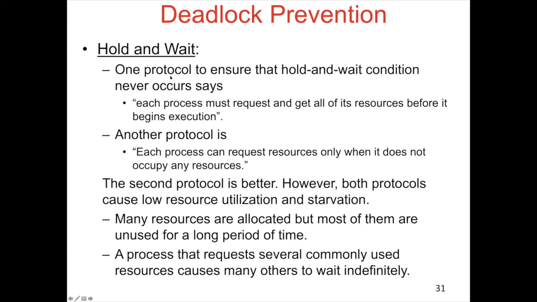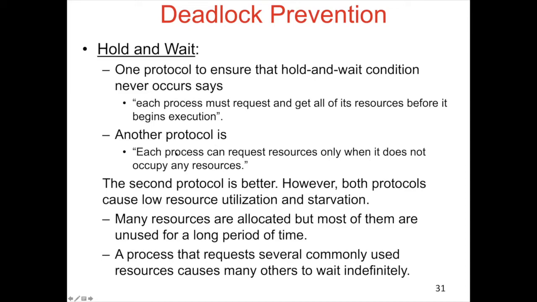Hold and wait. One protocol to ensure that the hold and wait condition never occurs says each process must request and get all of its resources before it begins execution. Notice that this is getting all the resources at the beginning and not allowing any other process to use them while this process is executing.